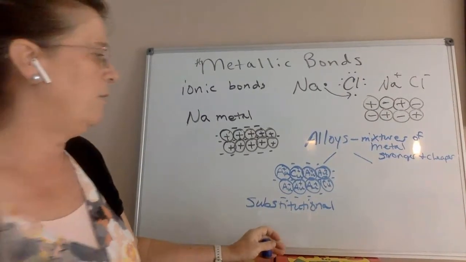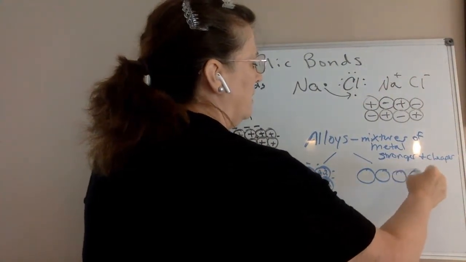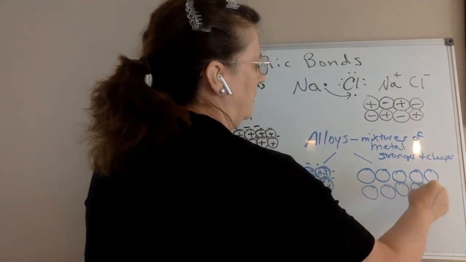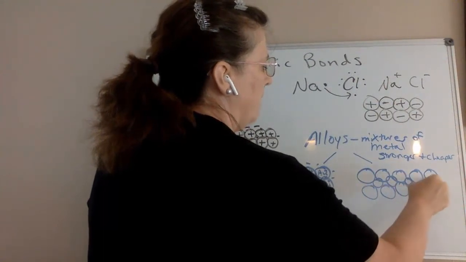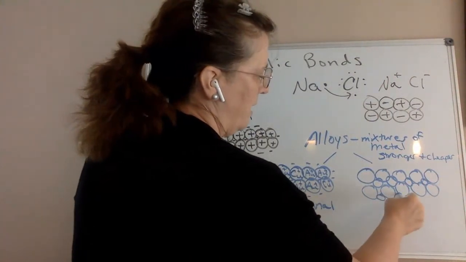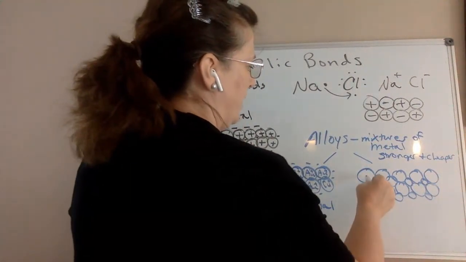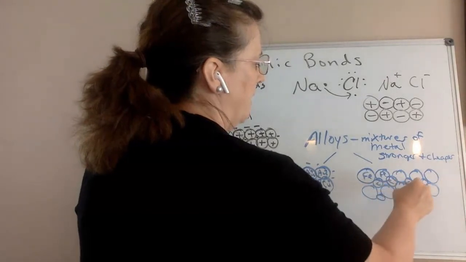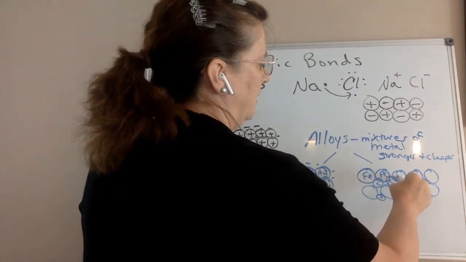The other type of alloy would be if I have atoms. Let's see, this space right here. I can put smaller atoms in that space, and this creates a very strong alloy. Steel is an example of this. Steel is made out of iron with carbon atoms pounded into the fabric of the metal.